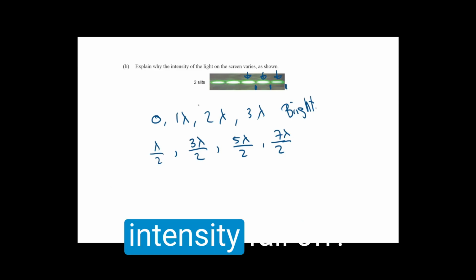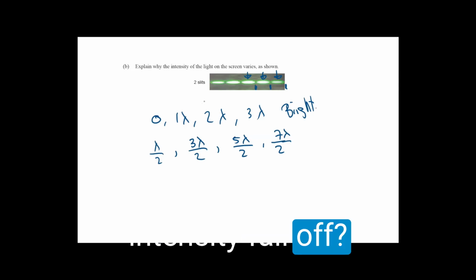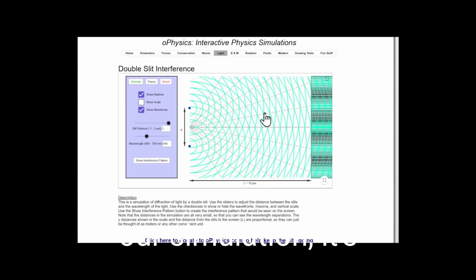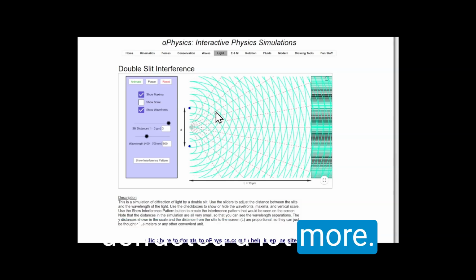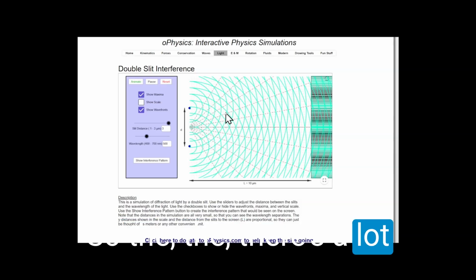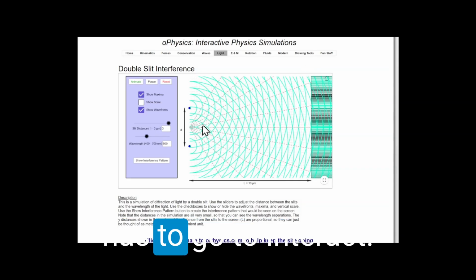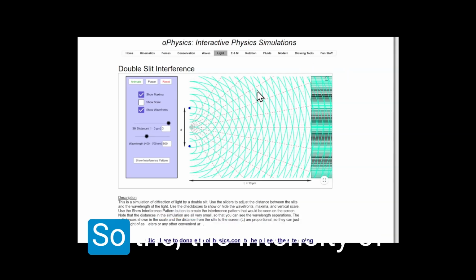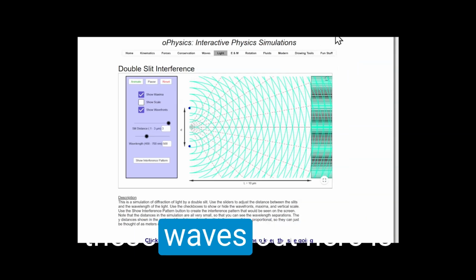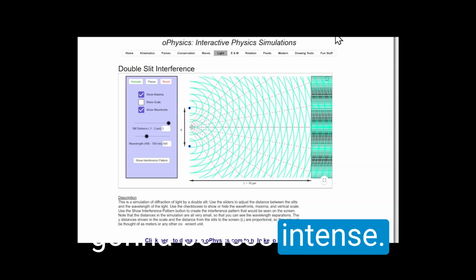So why does the intensity fall off? Well, it's just diffracting more. If we go back to our simulation, it's diffracted a lot more, so that there's a lot further distance that it has to go to interact. So the intensity of these waves out here is going to be less intense.